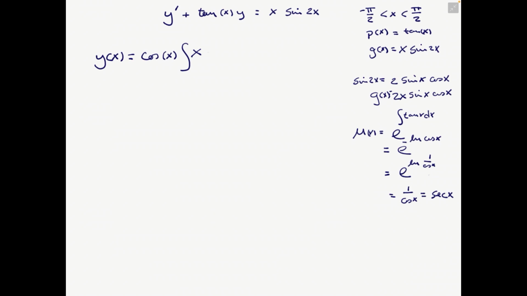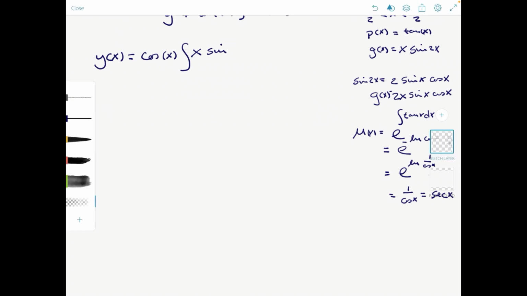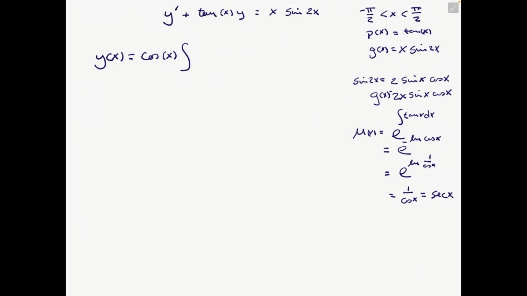Just a minute, I want to make sure I've got this correct. Okay, so we have x sine of 2x. So we have x sine of 2x times secant x.